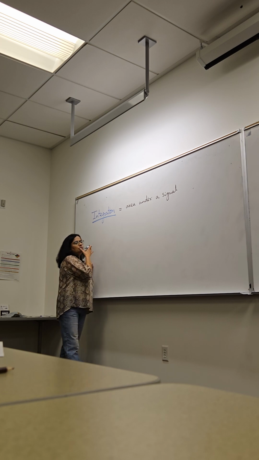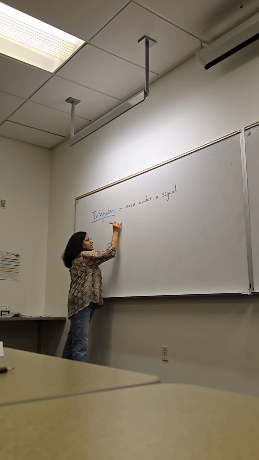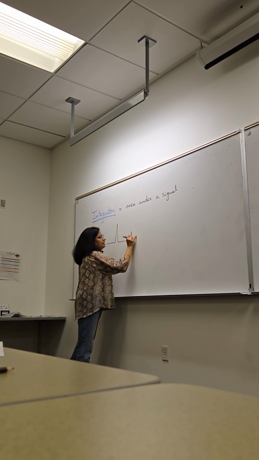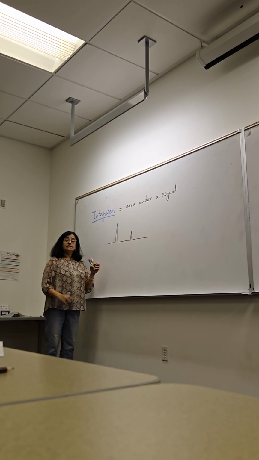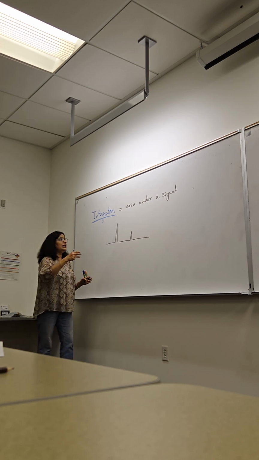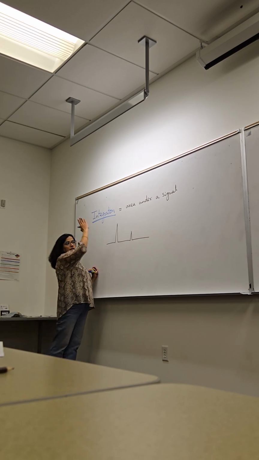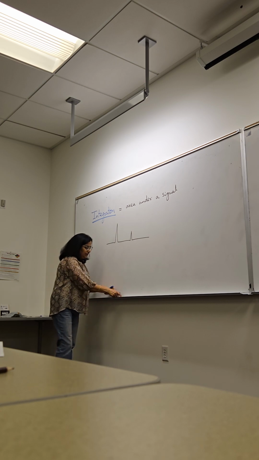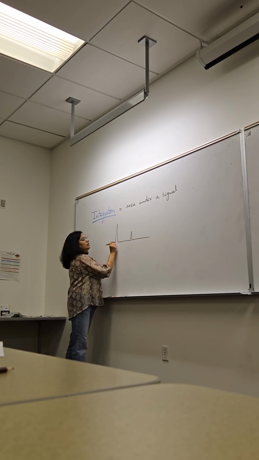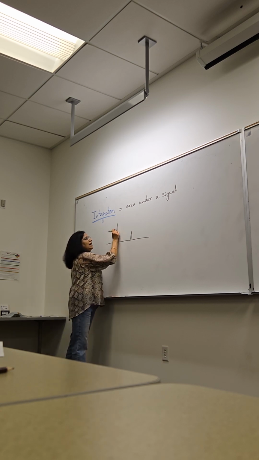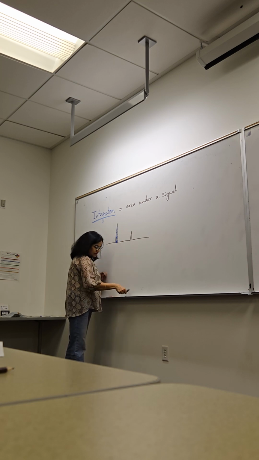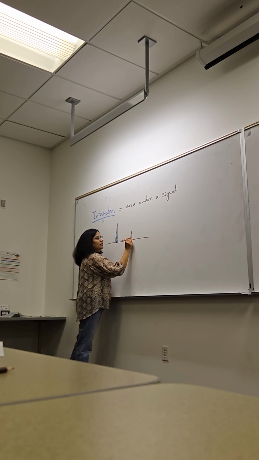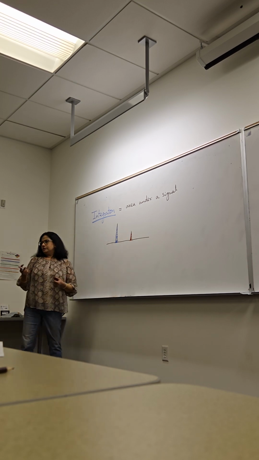Let's say I'm looking at a proton NMR spectrum. I see one signal and I see another signal. These are peaks, by the way, because they go up. Unlike IR, where signals go down, these go up. So integration is measuring this area under the signals. That's integration.